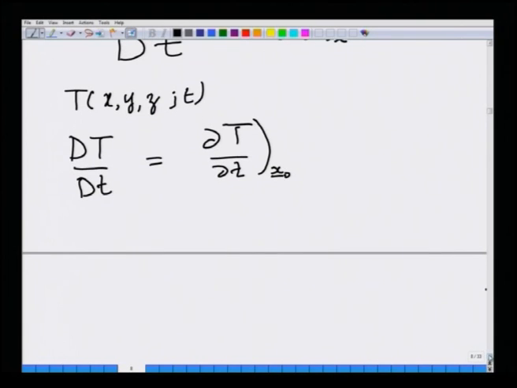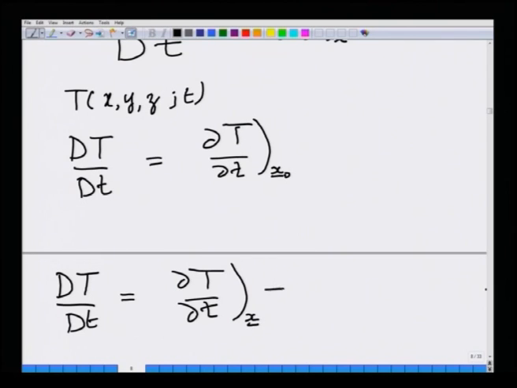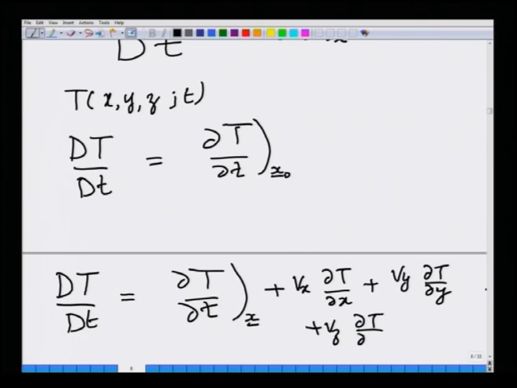So, what is it? We can generalize in a very straightforward way: it is partial T partial t at constant spatial location plus Vx partial T partial x plus Vy partial T partial y plus Vz partial T partial z.